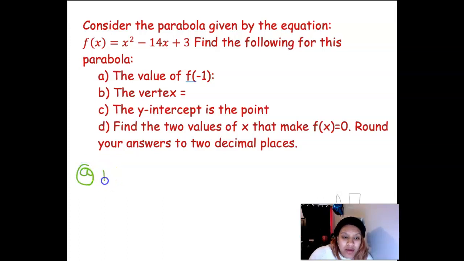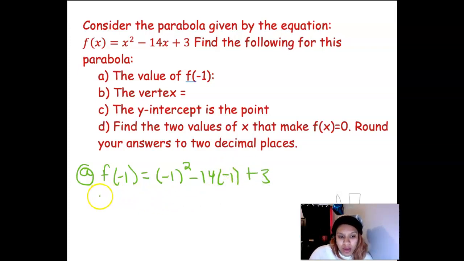So find f of negative 1. This means you're going to substitute negative 1 for all the x's in the function. And then you just simplify. Negative 1 squared gives you positive 1.